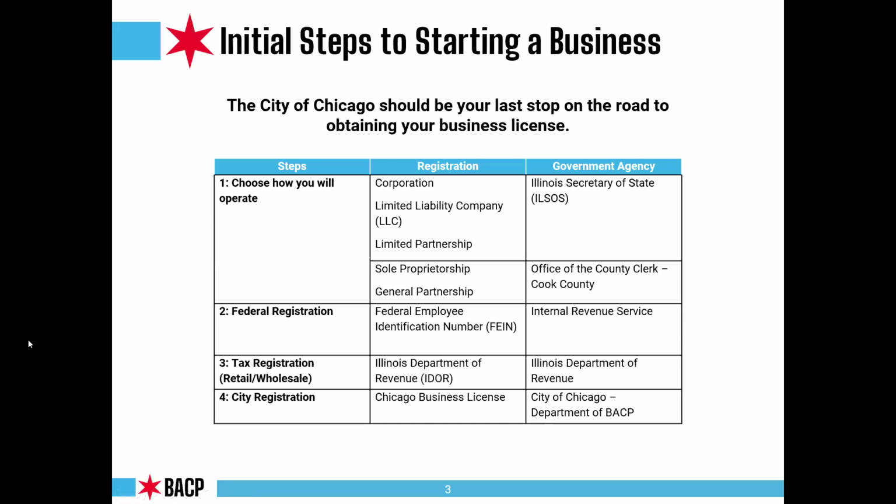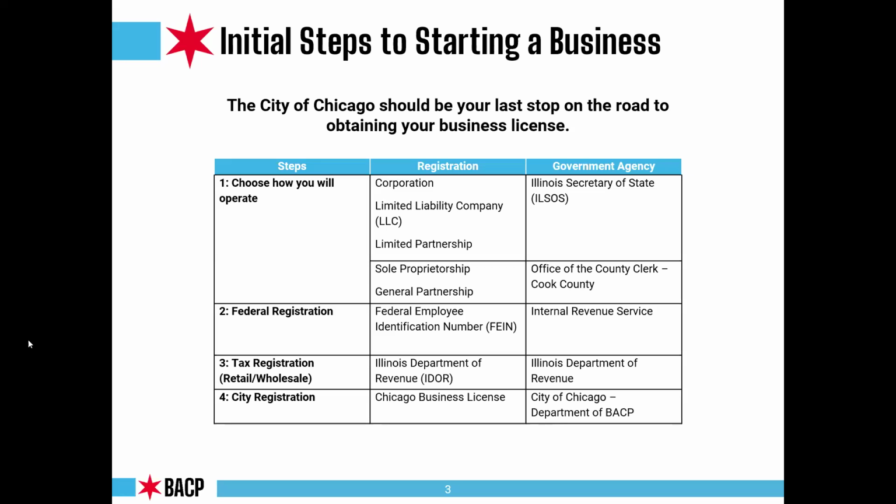So the initial steps to starting a business. The first thing we're going to want you to do is decide how you're going to operate your business. Are you going to operate as a legal entity, such as a corporation, a limited liability company, or a limited partnership? Or are you going to operate as a sole proprietorship or a general partnership?